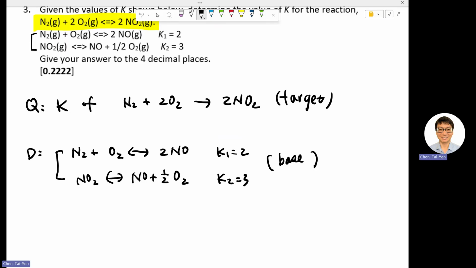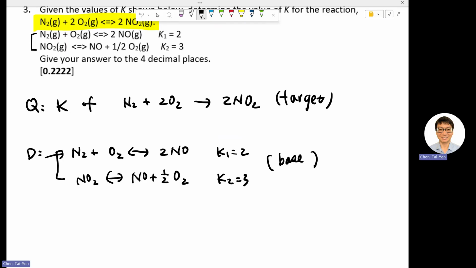Okay, because you're going to have different types of base equations, right? So the first thing you do is you need to flip your base equation so that reactants are on one side, products on the other side. Okay? So based on that, if you look at the first base equation, do you need to flip it? You don't, right? Because your N2 and O2, they are reactants and they are on the reactant side. So they are fine.